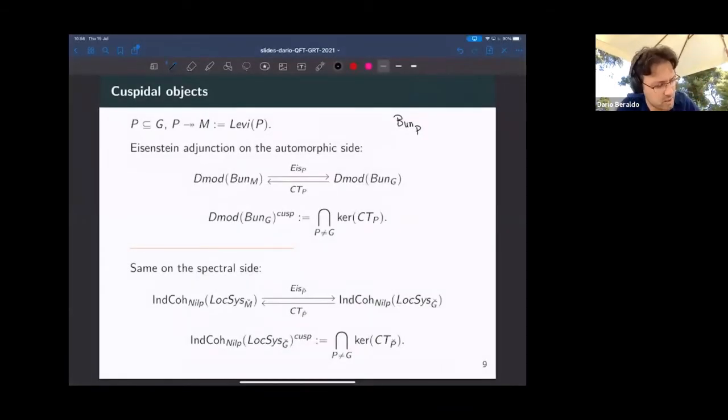So you have Bun_P, and there is a map to Bun_G and a map to Bun_M.